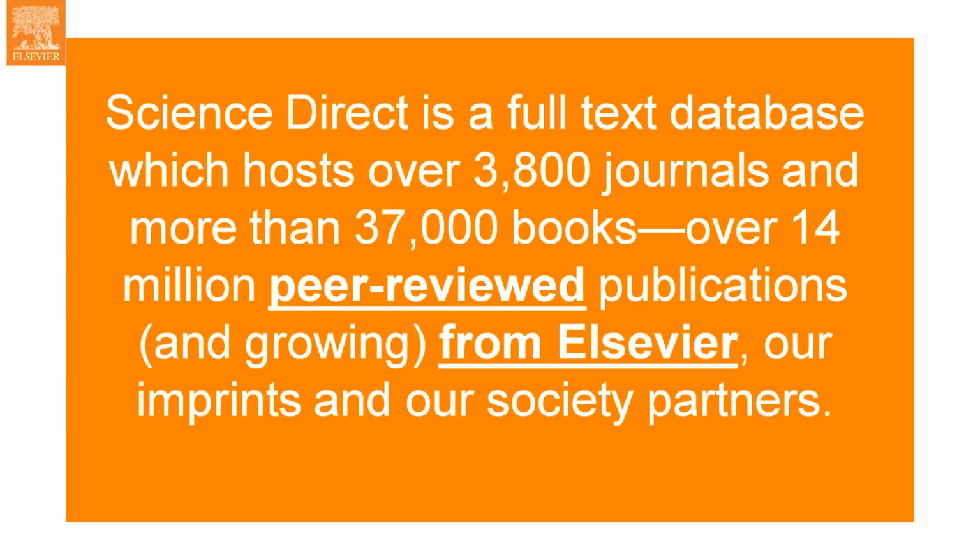Over 37,000 books, over 14 million peer-reviewed publications. So whatever topic you're searching for, you get peer-reviewed, relevant literature, and it has full text, which means you can download the full paper from ScienceDirect.